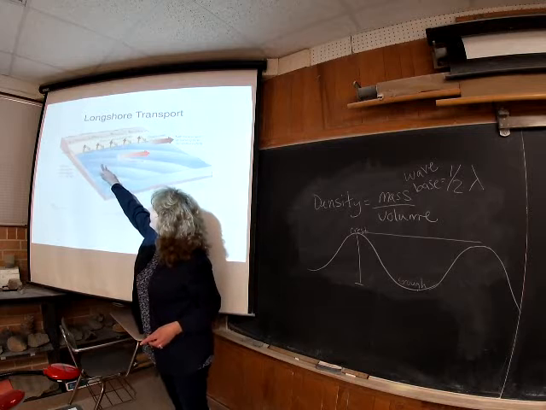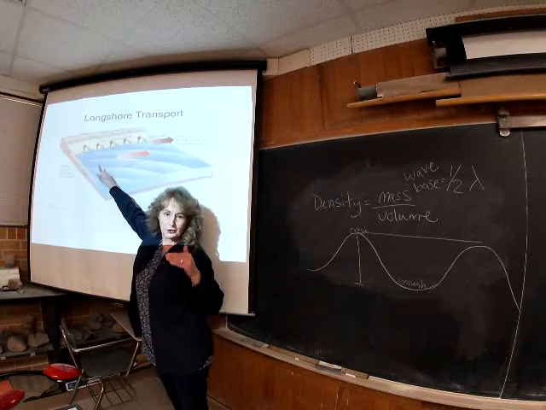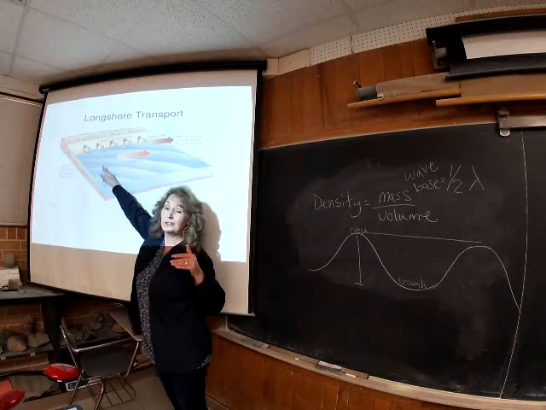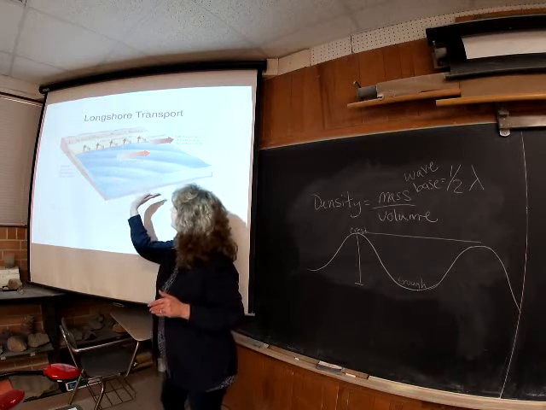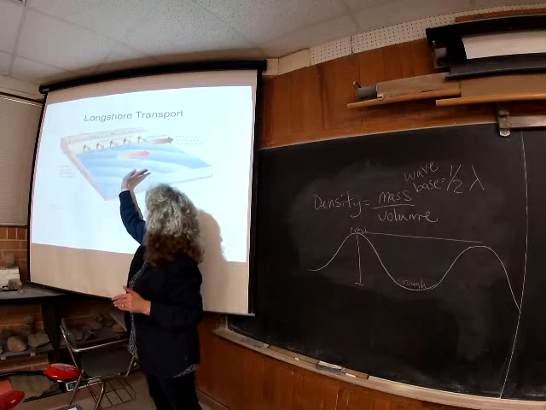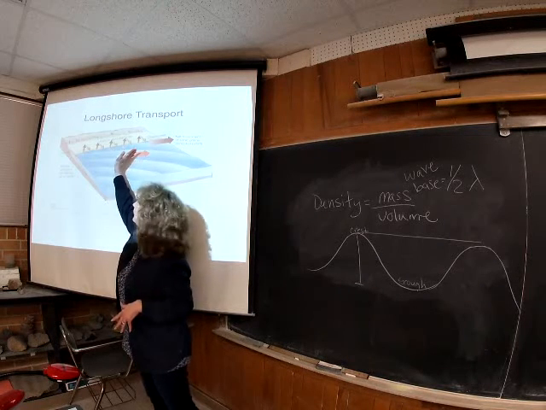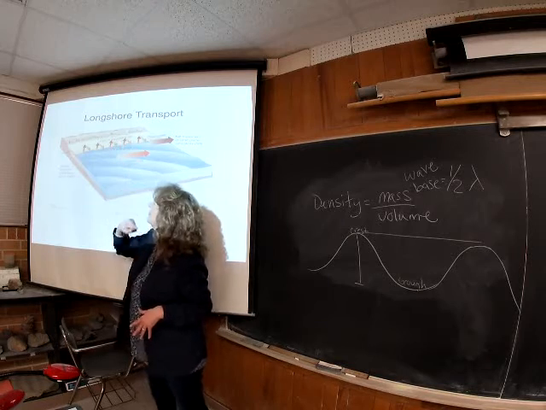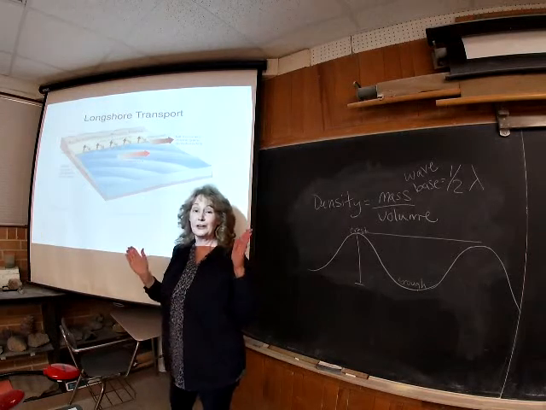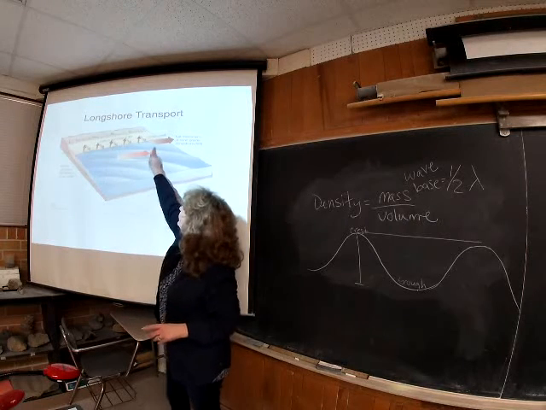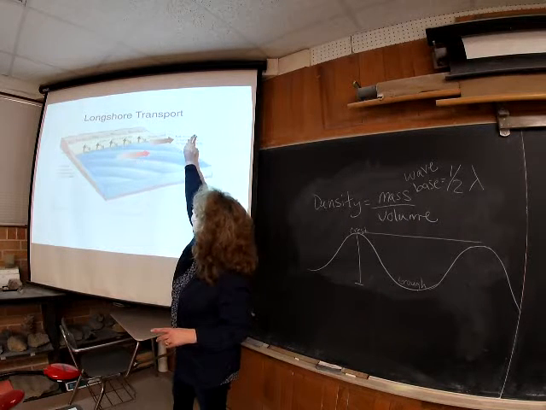Well, this part of the wave is going to reach the bottom of that shallow shoreline sooner than this part of the wave. And so that's why you're getting the refracting to where it then becomes parallel as it comes in up to the shore. Well, what that tends to do is squish the water. It will squish the water down this way, down coast.